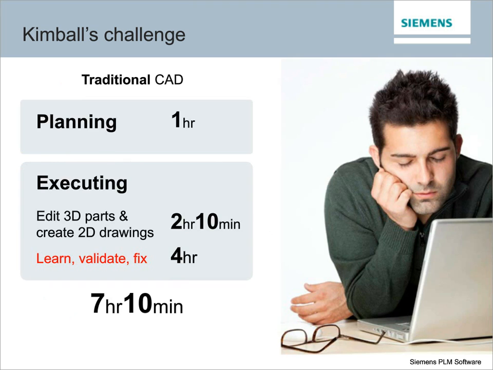So we're going to take a look at a comparison on the total time taken to do a similar activity in both traditional CAD and the Next Generation CAD. This slide shows a total of 7 hours and 10 minutes and a series of activities involving planning and executing the reuse of the design used by traditional CAD.